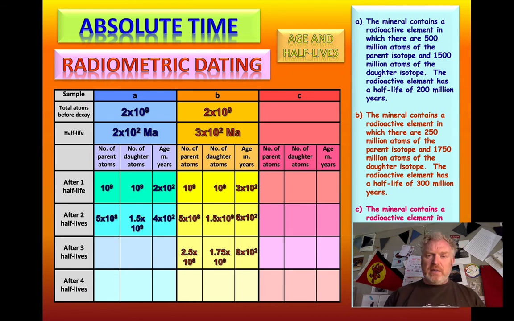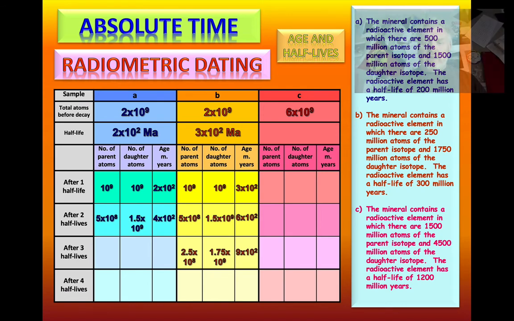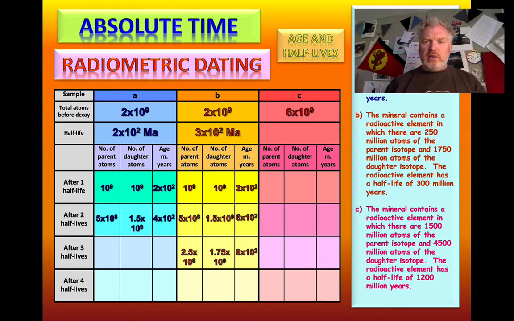Finally, specimen C. If we add the parent and daughter there, we end up with 6,000 million atoms, a half-life of 1,200 million years. So after one half-life, 50-50 split, 3,000 million atoms of parent and daughter.